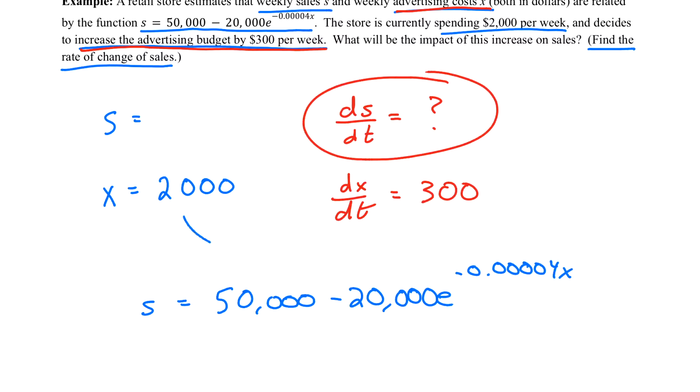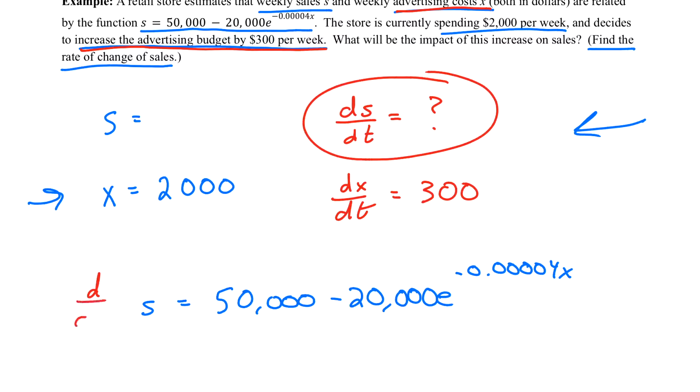We could just take x equals 2,000, plug it into our equation, and then solve for s. However, I'm going to show you that we don't always need every single piece of information. We can actually solve this problem without knowing what s is. So I've got my variables, I've got my derivative, I've got my equation. My next step then would be to take the derivative of this equation with respect to time t.